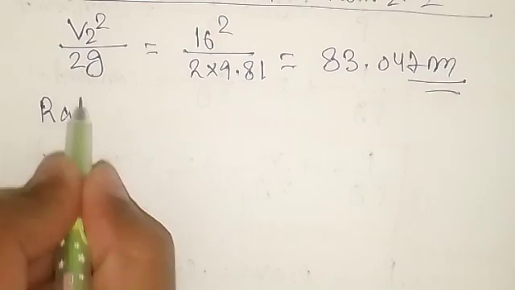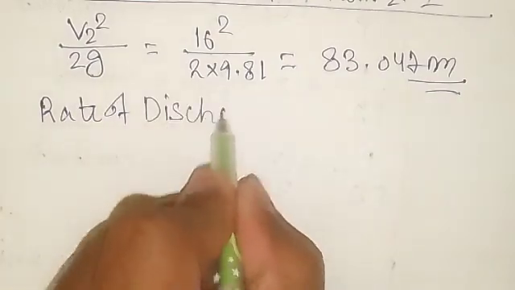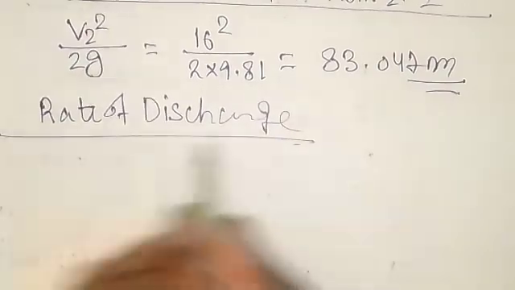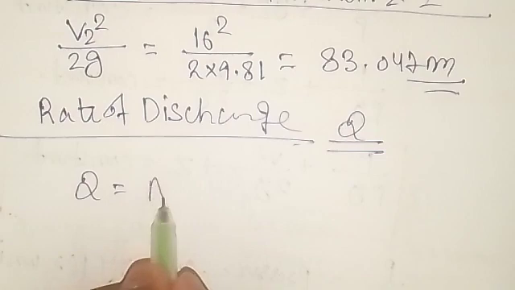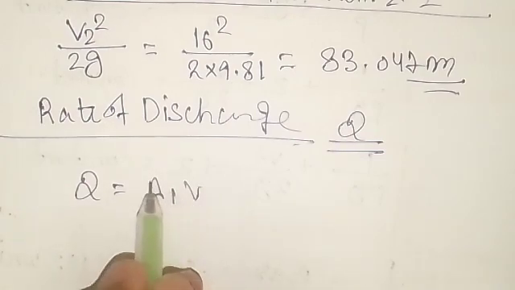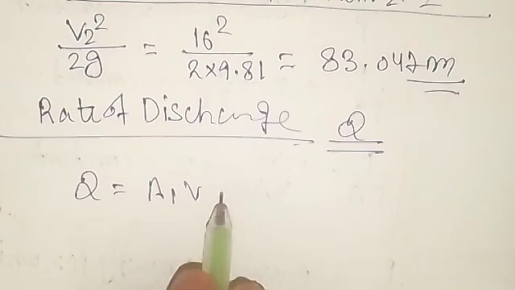Now you need to find out the rate of flow or discharge, the Q. Simply Q is equal to area into velocity. Either you can find it at section 2 or 1, no problem, it is the same continuity equation.